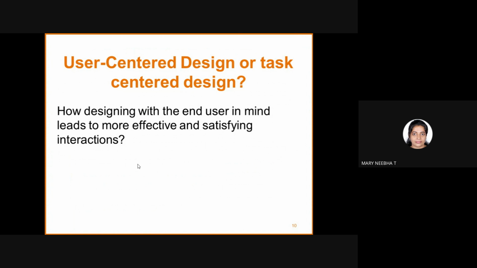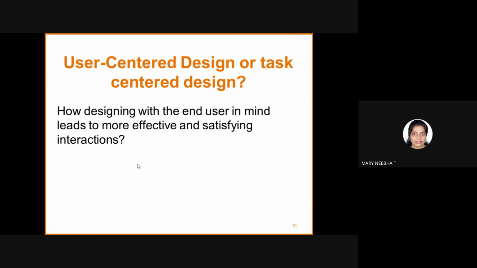It is a critical field that blends psychology, technology, and design. What is HCI? It is a critical field that blends human psychology and computer technology as well as interactive design. We need to understand user needs and behaviors, which is central for creating usable and effective technologies.